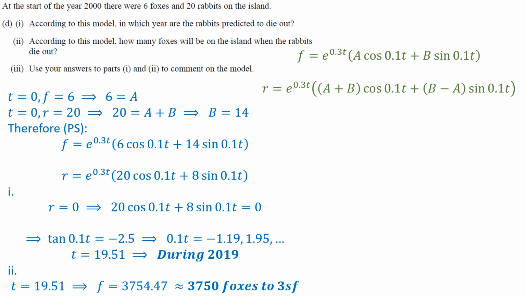And we're almost done. We've got the final little bit to pick up the 17th mark. Use your answers to parts I and II to comment on the model. Now this is where you have to take off your maths hat and put on your real life hat and ask yourself what you know about how realistic this result would be.